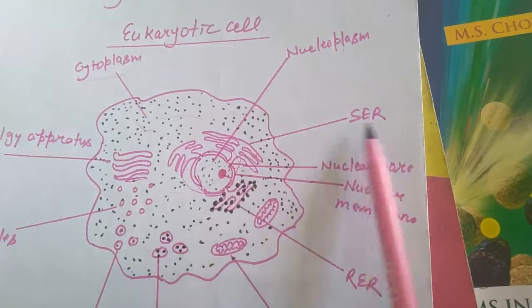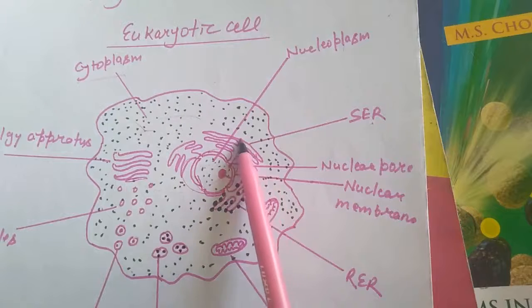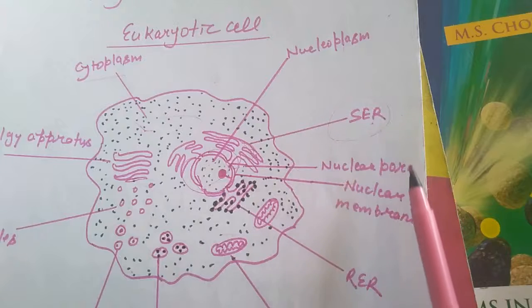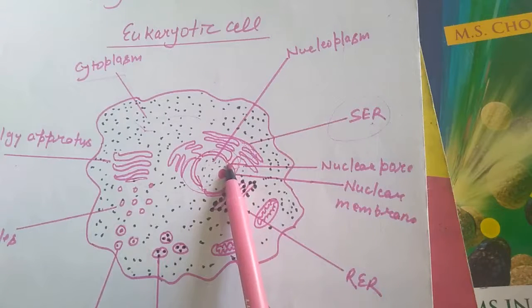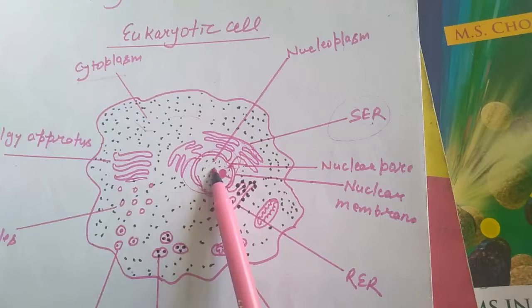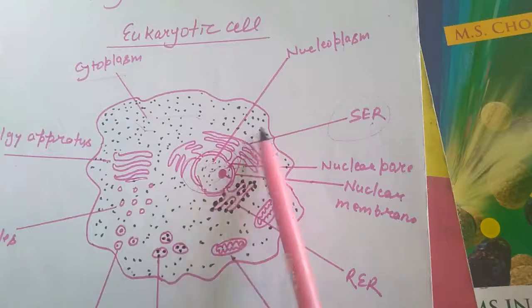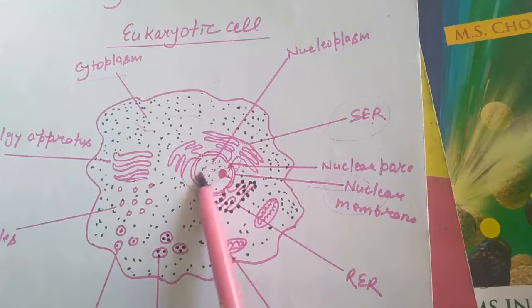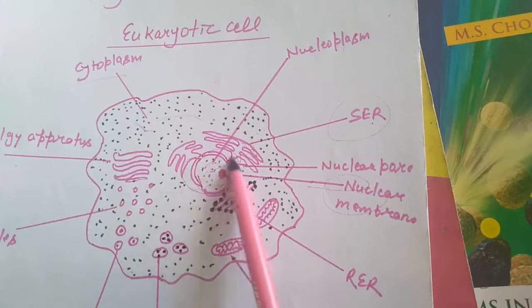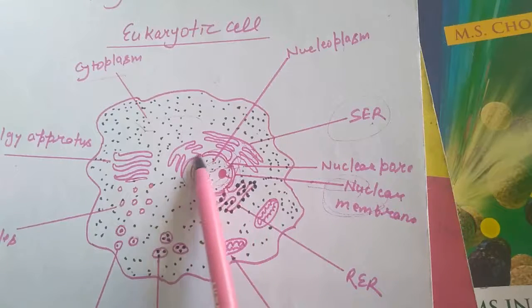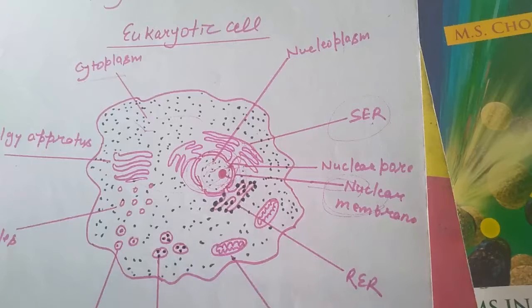SER is smooth endoplasmic reticulum; there is an absence of ribosomes on the SER, that's why it is smooth. These are nuclear pores where the exchange of material takes place between the nucleus and the outside. The genetic material inside the nucleus is bounded by the nuclear membrane. That is why eukaryotes have a well-defined nucleus.